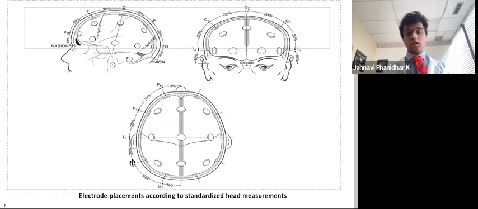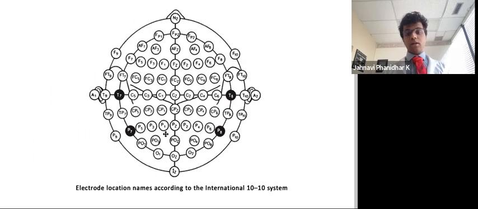This is a figure showing the distance from the midline or coronal suture, showing the 20-20-10 for the electrode placement. There is another more extensive electrode placement method, which is called the international 10-10 system, which bypasses some of the difficulties faced with the 10-20 system, but it is not commonly used.